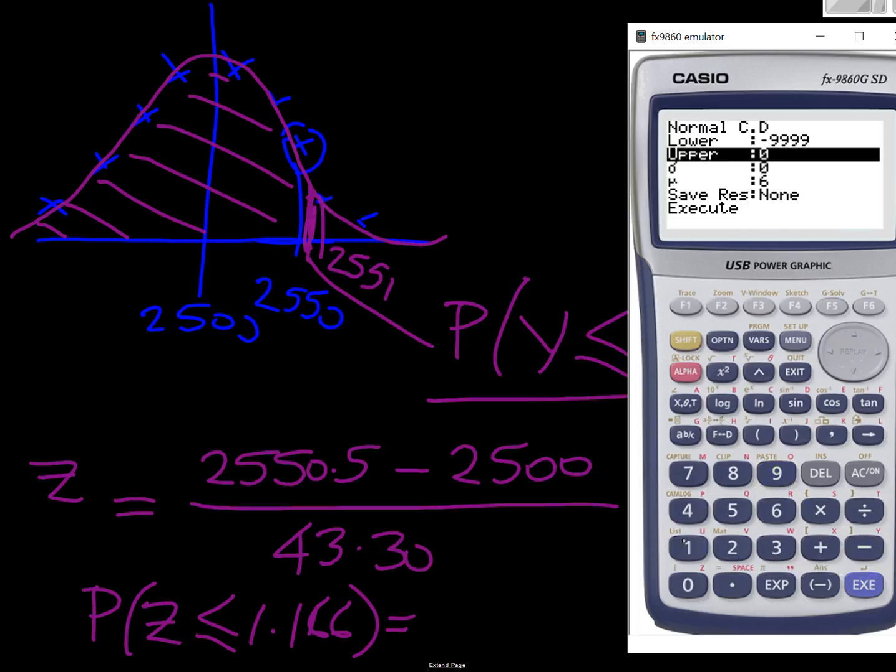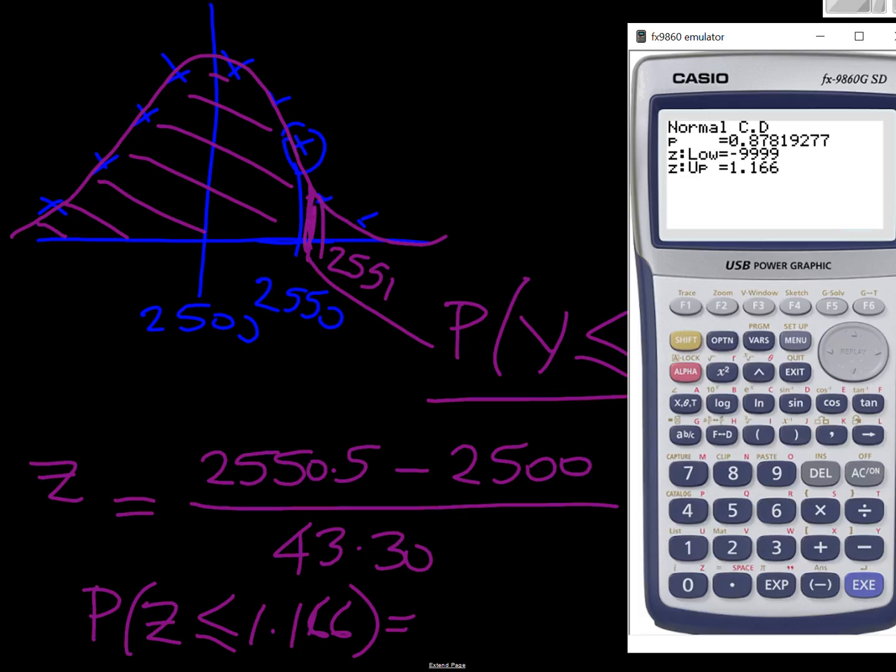Our upper value is 1.166. Because we're doing our standard normal here, we've already worked out our Z value, so we're going to put sigma equals 1 and our mean is going to be 0, because that's our standard normal. We just put that in the calculator, push the button, and we're going to get 0.878 as our P value.